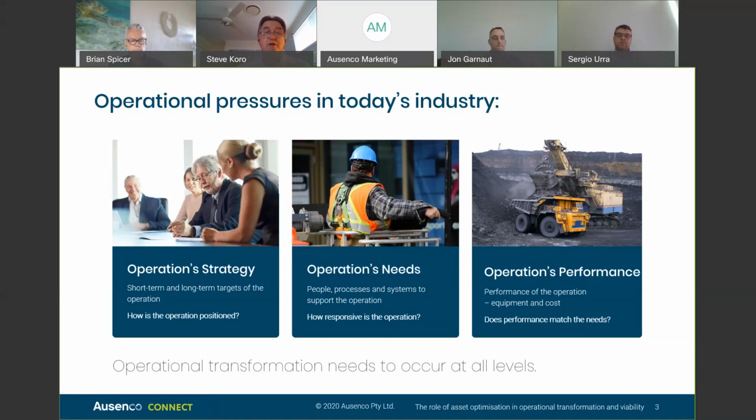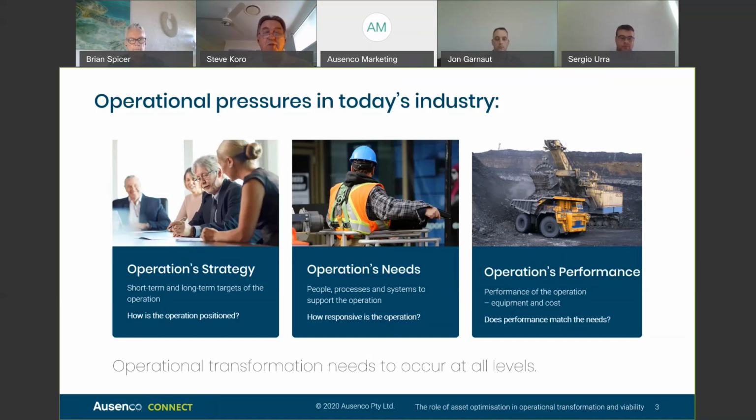Okay, the next one, operational needs. Based on those asset management plans that need to be implemented, has management provided the right resources, both internal and external, to deliver those plans? And are the appropriate systems and processes in place to execute the asset management plans? All things that need to be considered.